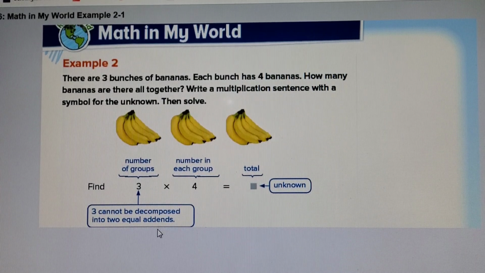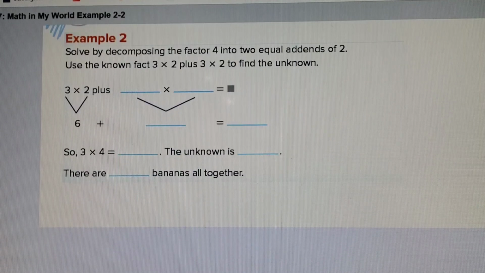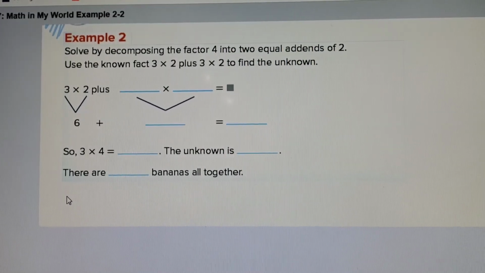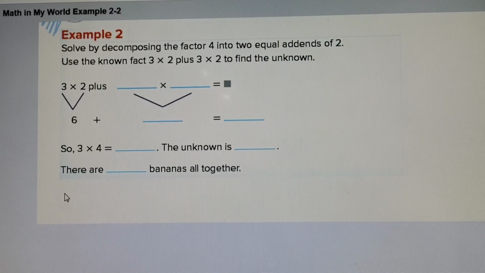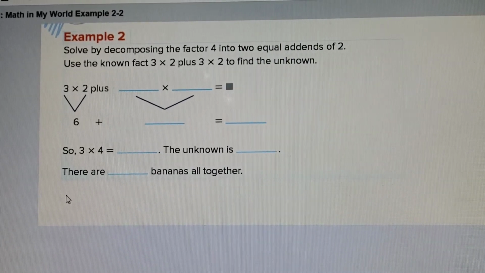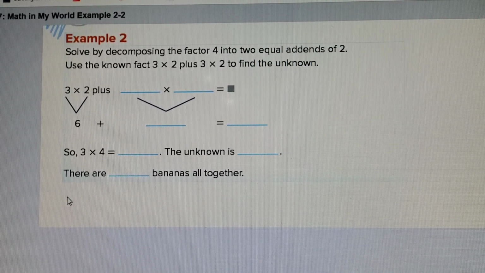3 cannot be decomposed into 2 equal addends. 3 times 4 equals unknown. Solve by decomposing the factor 4 into 2 equal addends of 2. Use the known fact 3 times 2 plus 3 times 2 to find the unknown.